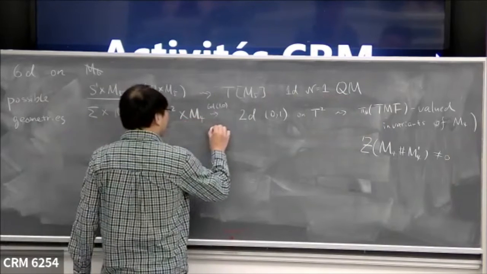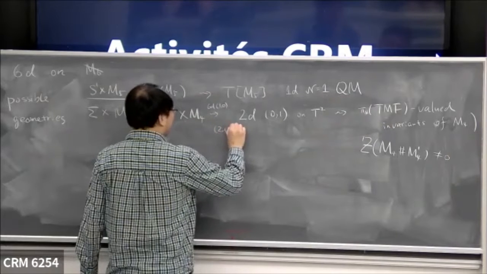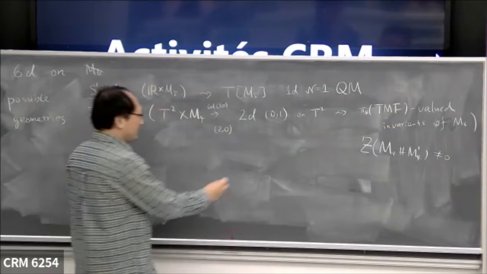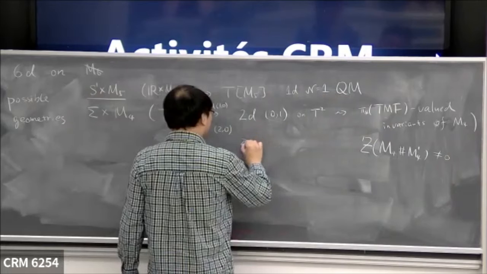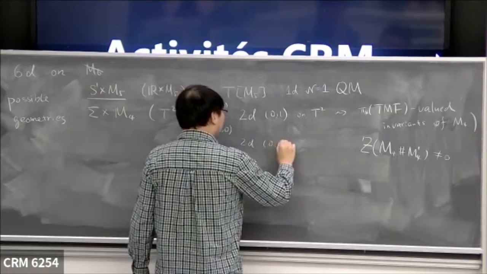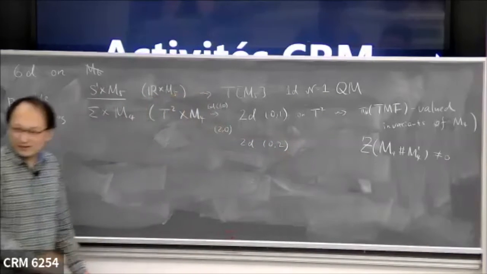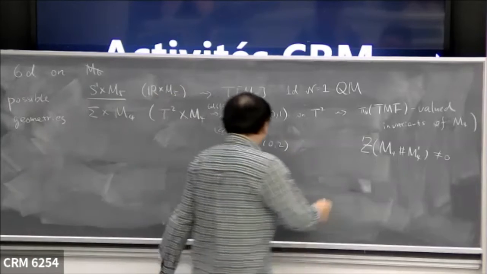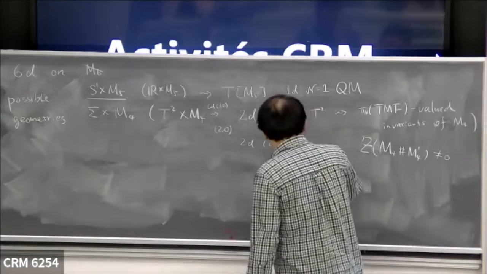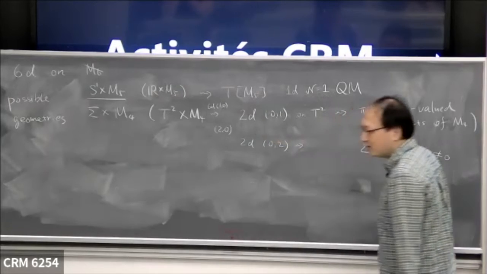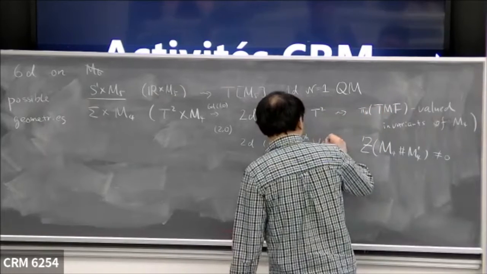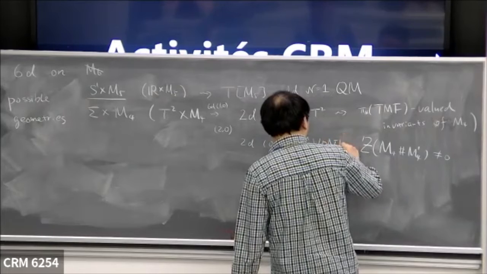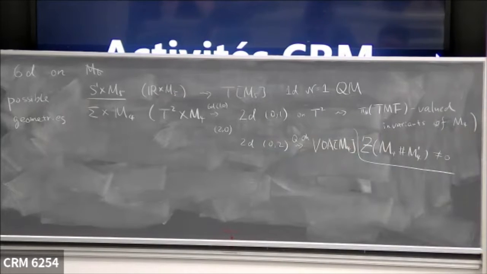And then we can also consider the (2,0) theory. Then what happens is that here in 2D, we're also going to have a (0,2) theory, with again more supersymmetry. And then, as I mentioned before, the Q cohomology of this is going to be a VOA. And this is something that is denoted as VOA of M4, vertex operator algebras labeled by 4 manifolds.